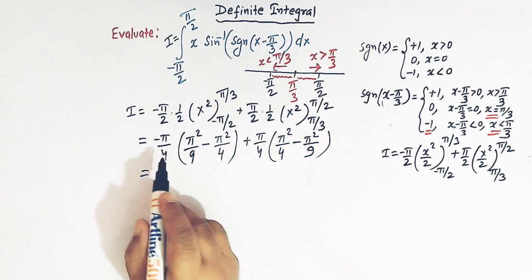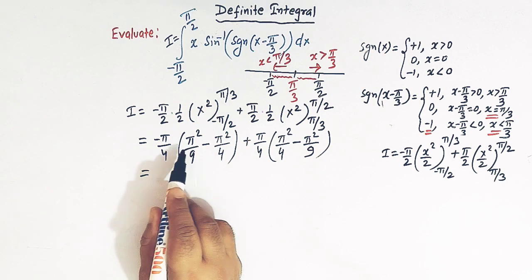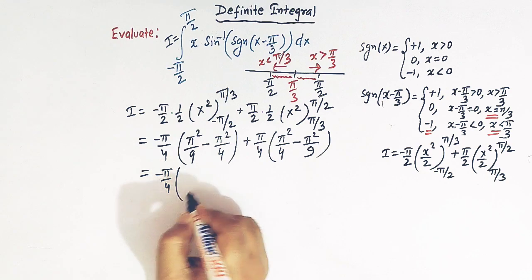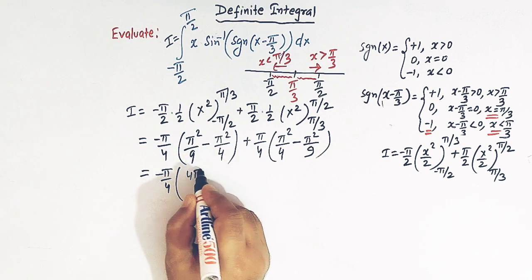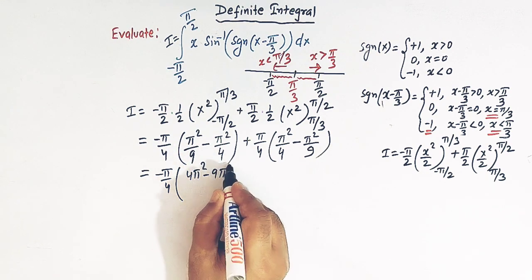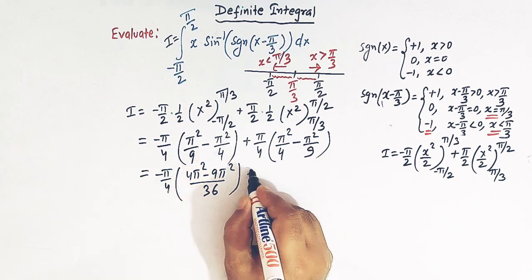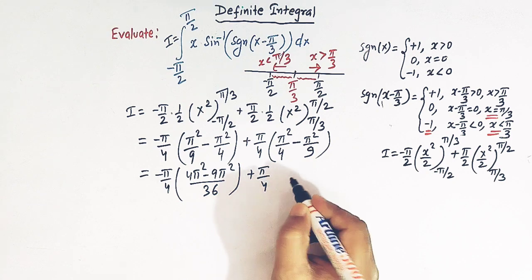Now let us simplify this expression. So we have minus pi by 4, and here we have 4 pi square minus 9 pi square divided by 36, taking the LCM, and here we have pi by 4.